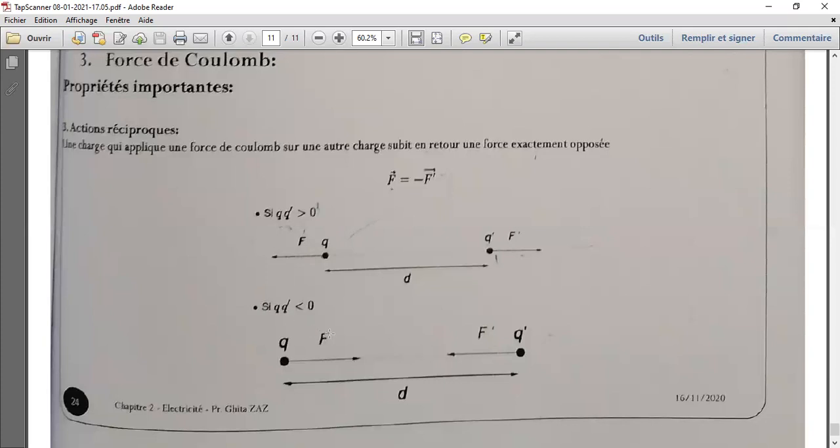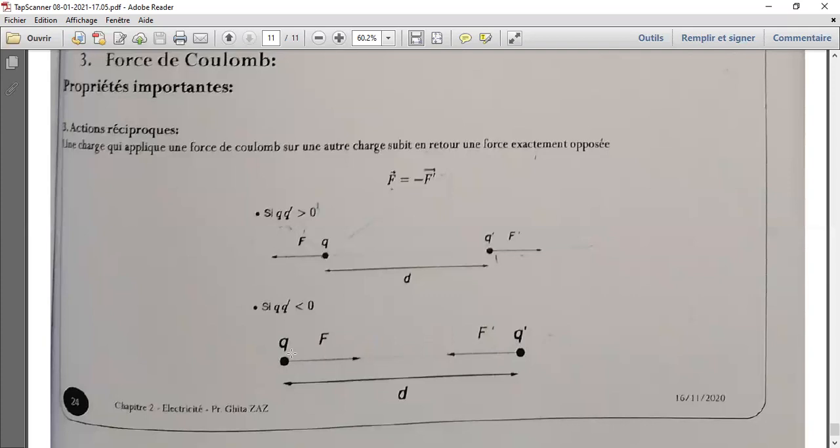So if Q prime exerts a force on Q, there will be an attraction, which is the force F. That's why it's going inside.